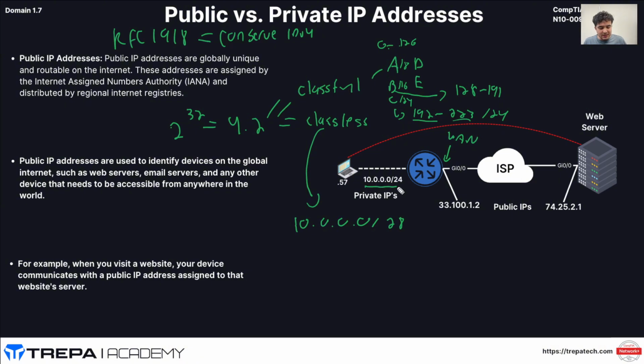Now, I made this a /24 here, and I don't want to get any comments saying, hey, that 10 range is supposed to be /8. We have variable length subnet mask even with private IPs. The RFC 1918 standard said the private IP ranges are going to be as follows. We're going to have a class A range, that would be 10.0.0.0 to 10.255.255.255/8.